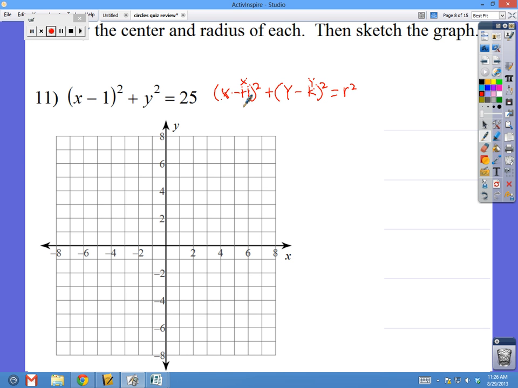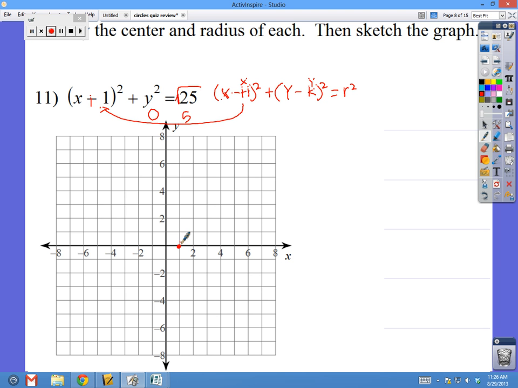Your center is going to be a 1 because it's a minus, so it's actually a positive. So you put that on there, and then there's no second part to this one, so it's a 0. So you put it right there, and then you take the square root of 25 and you get 5.